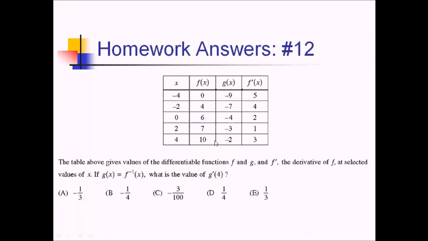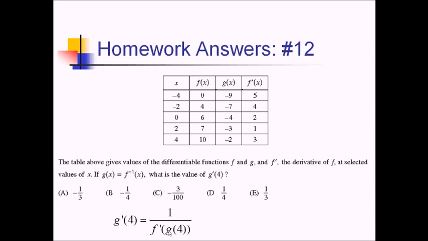For number 12, we've got this table of values for f, a g, and an f prime function. We want to know, if g is the inverse function for f, what's the value of g prime of 4? The quickest way to get started is just to use our inverse formula. g prime of 4 equals 1 over f prime of g of 4.